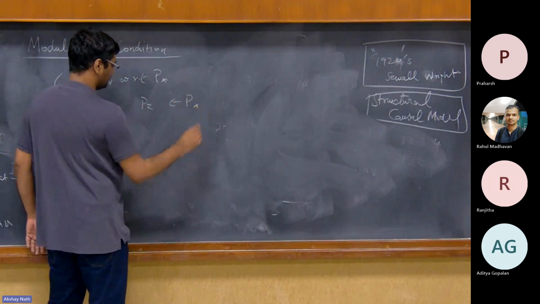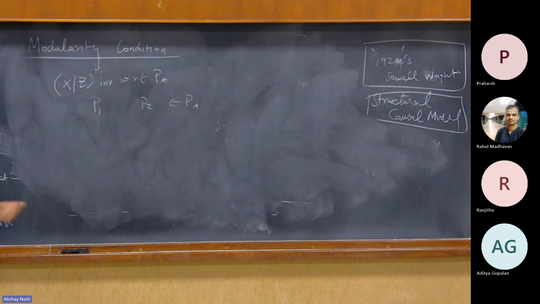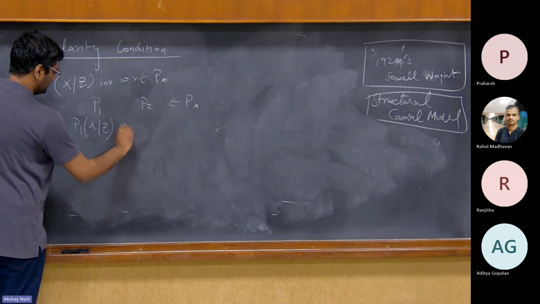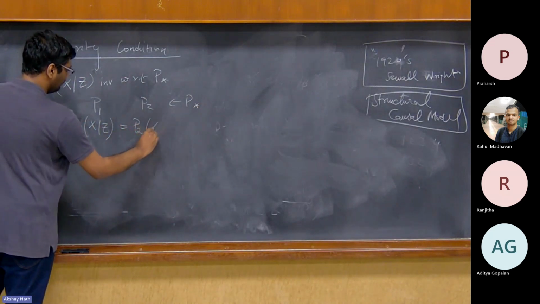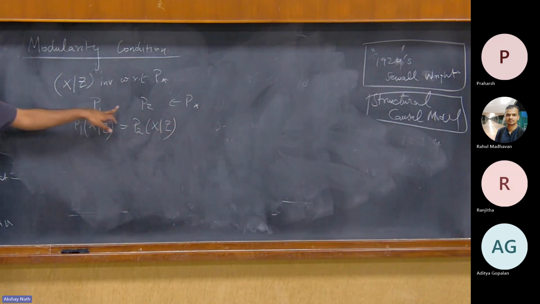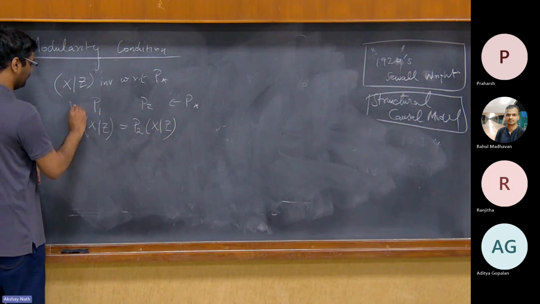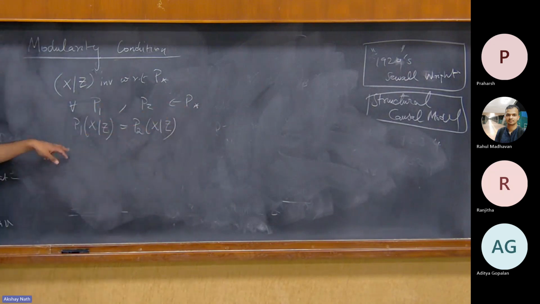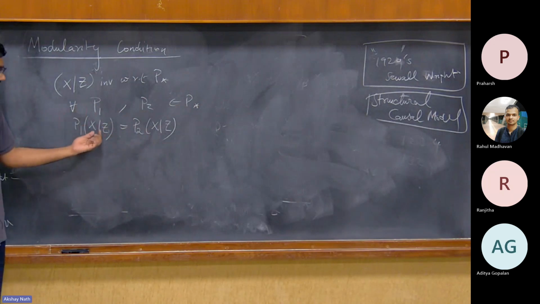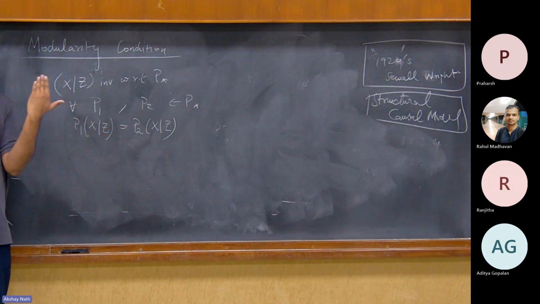They are interventional distributions. Okay, when you check the identity, P1 of X given Z is equal to P2 of X given Z, or not. If it holds for all P1, P2 in P star, it's not conditional independence, it's actually equality of two conditional distributions.